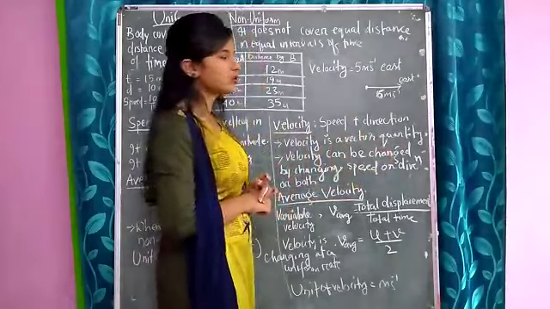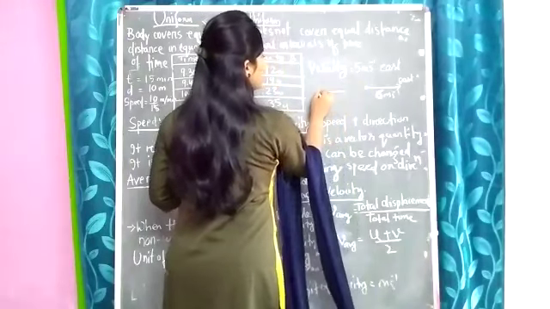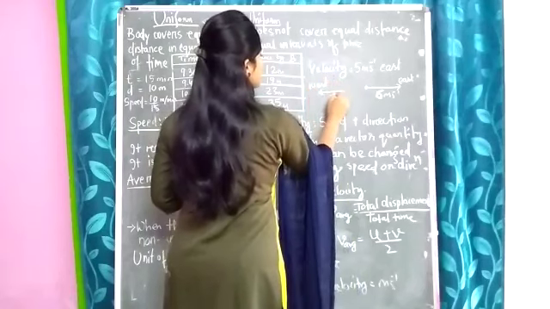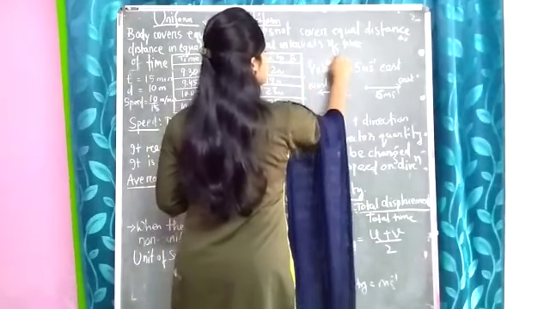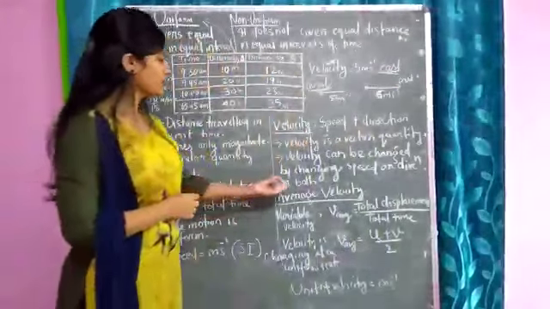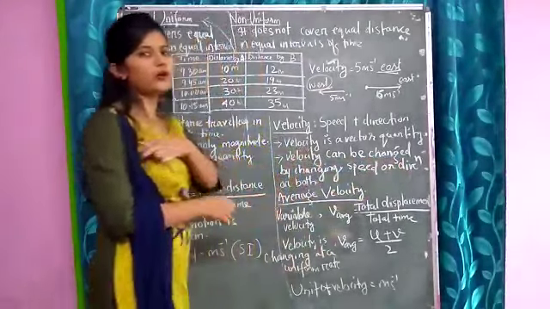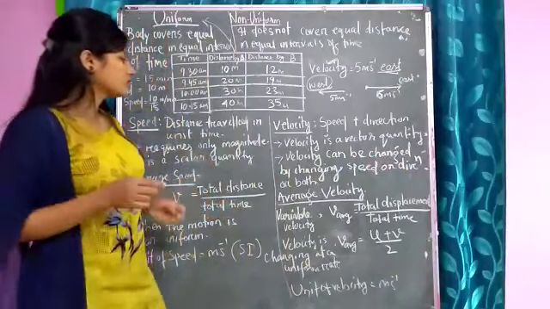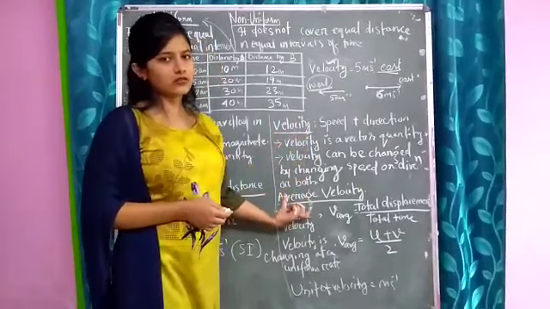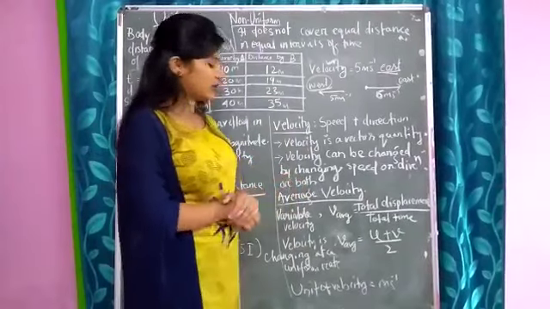It will also change by direction. Suppose now the body is moving with 5 meter per second but towards west, then we will say that the velocity has changed because we changed the direction. Or we can say that by changing both speed and direction, velocity will also change. Again we have to define the average velocity case. Whenever we have a non-uniform case, we will again have the average velocity.